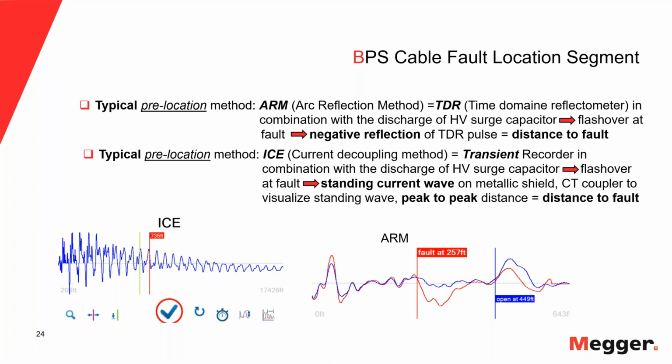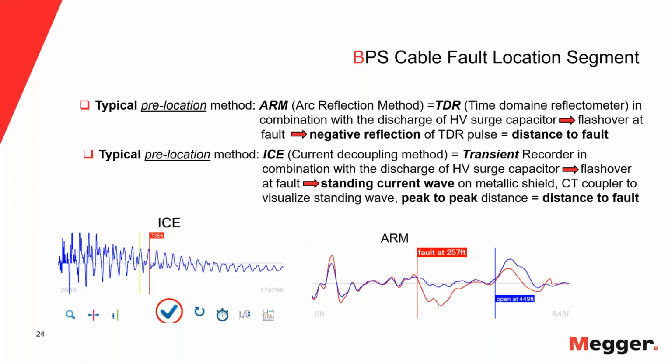If the TDR is too fast, then it will not see an arc because the arc hasn't developed yet. It doesn't see the fault. If we shoot in the TDR pulse too late, it can also not see the arc because the arc has already extinguished and we don't see it. So you need the synchronization. Sometimes for certain faults, but especially on paper cables, that is much more difficult to do.